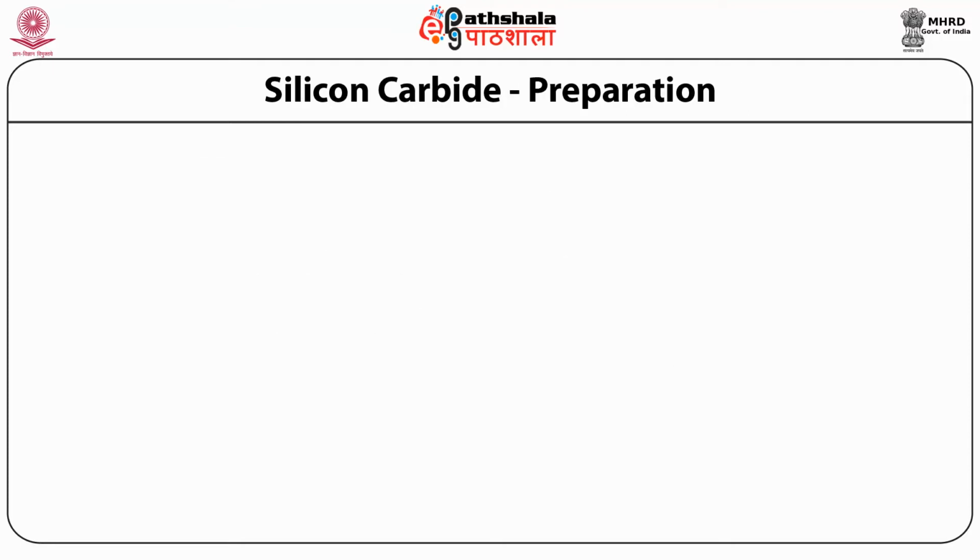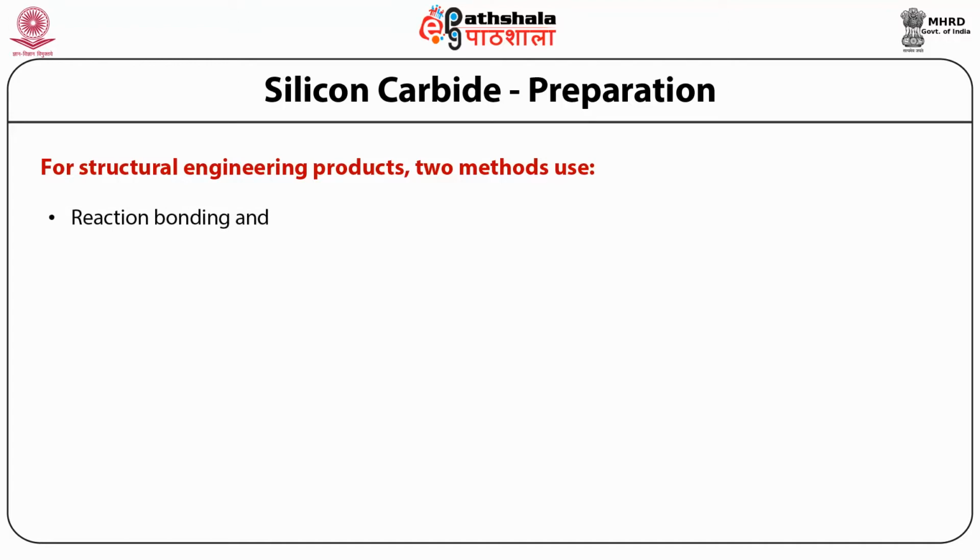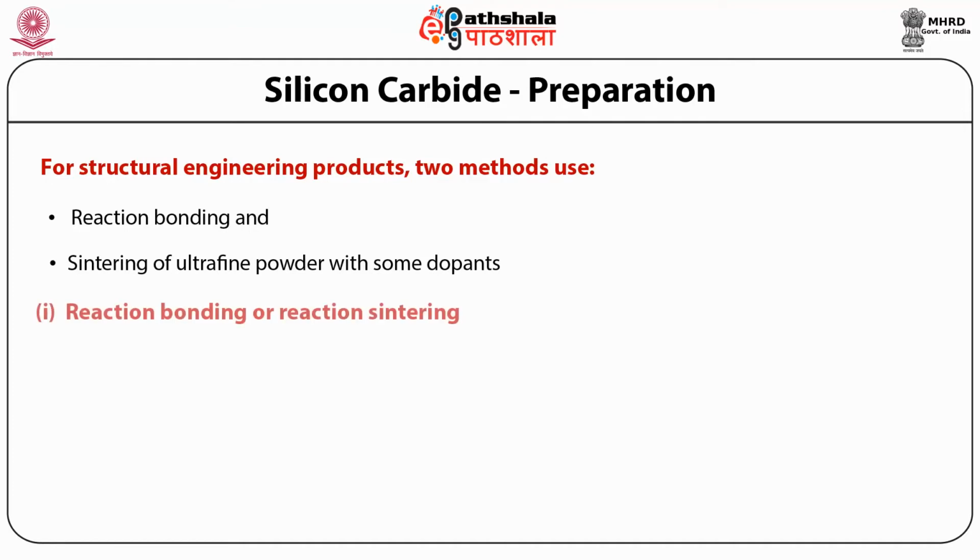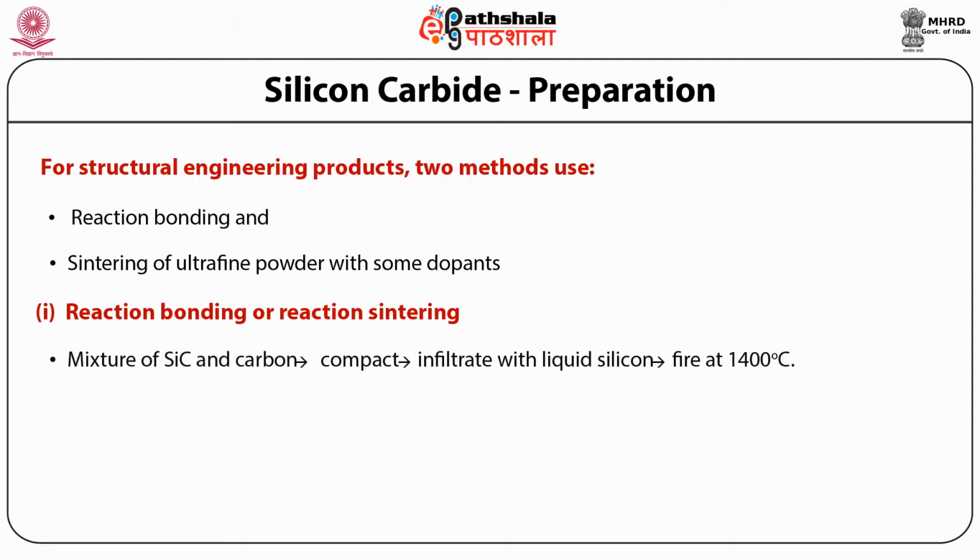Silicon carbide preparation. For application in structural engineering products, silicon carbide bodies are fabricated through two routes. The first is reaction bonding and the second is sintering of ultra-fine powder with some dopants. In reaction bonding or reaction sintering, a mixture of silicon carbide and carbon is compacted and infiltrated with liquid silicon.